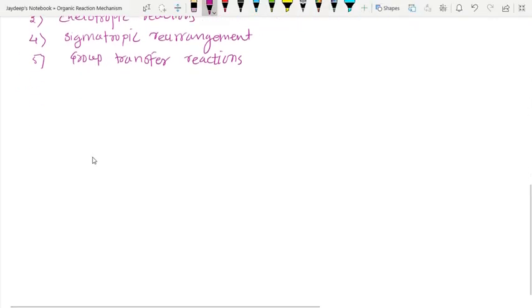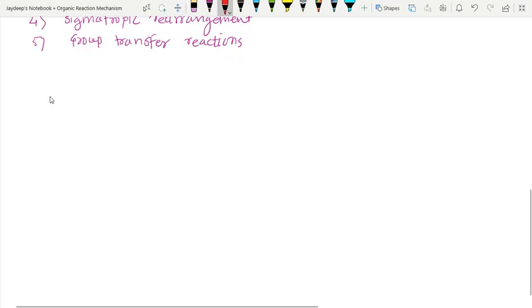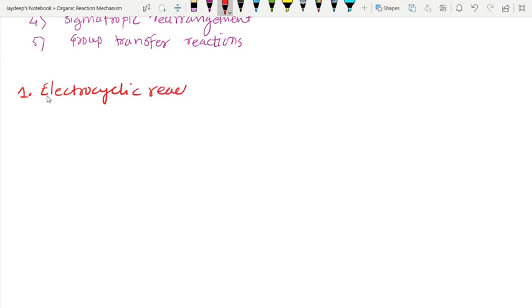The first one is electrocyclic reactions. The first type of pericyclic reaction is electrocyclic reactions. These are reversible reactions that can involve ring closure or ring opening.